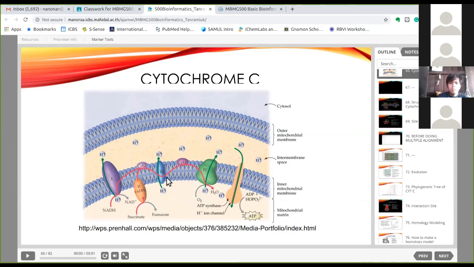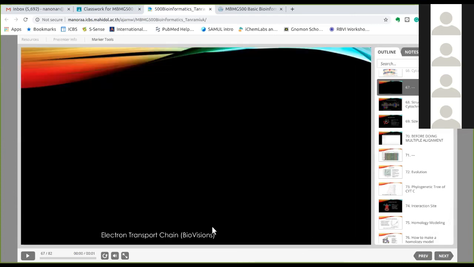It shuttles the electron from the cytochrome bc1 complex to cytochrome C oxidase. So if you study it in a textbook, it looks like this, but we are computational biology people, and the study of cytochrome C should look like this.